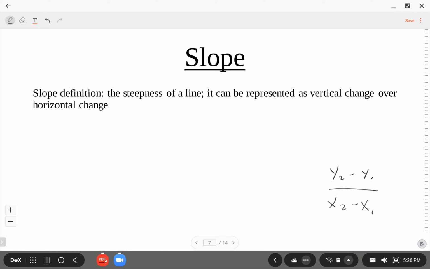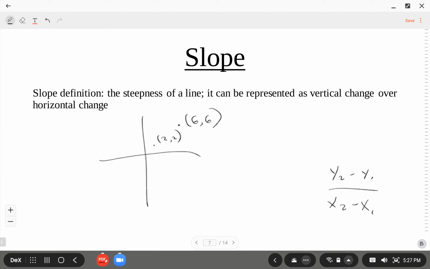Okay, so now let's do a few warm-up exercises to make sure you understand what slope is. Okay, so we have a coordinate graph right here. And let's see, let's have a 2, 2 right here, and then we have a 6, 6.